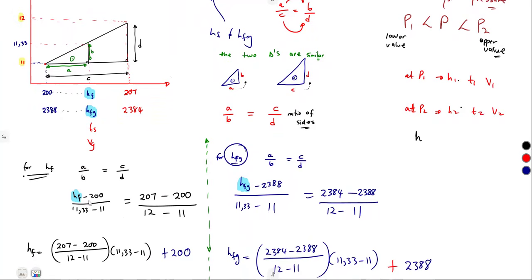From what we can see from this formula, guys, 207 minus 200, this one is simply representing the enthalpies that correspond to those pressures. Let's say this is 1 and this is 2. So it is simply H2 minus H1 if they are enthalpies on this side. So it will be H2 minus H1.